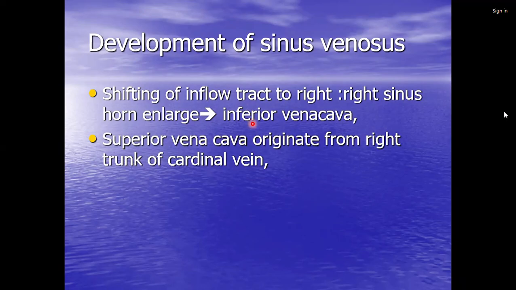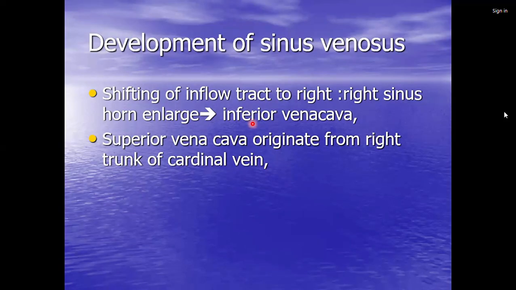Now the superior vena cava will originate from the trunk of the cardinal vein. Remember we talked about cardinal vein? Cardinal veins drain blood in the embryo, both from the right and left part of the body, from the tissues.